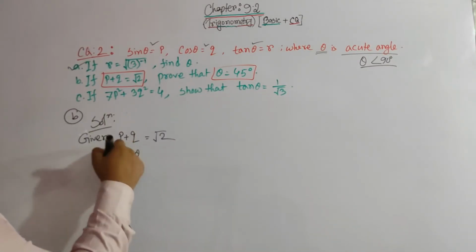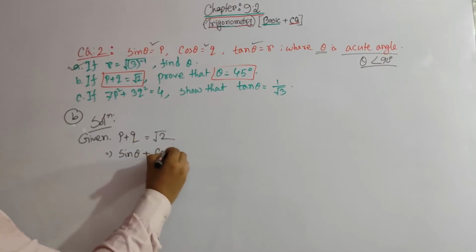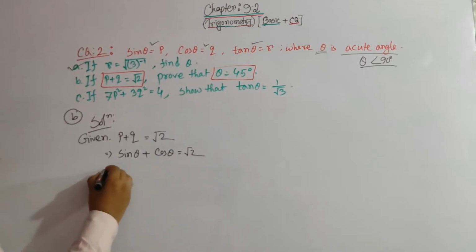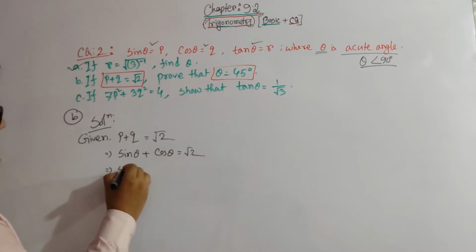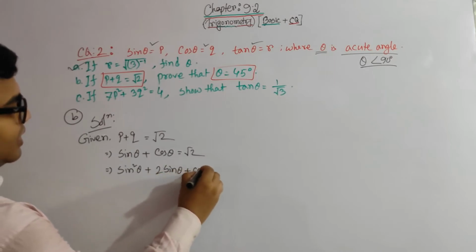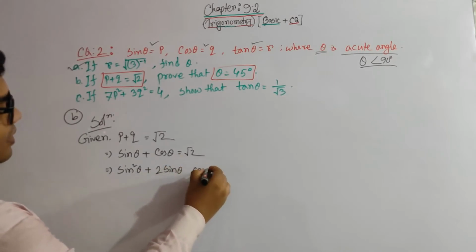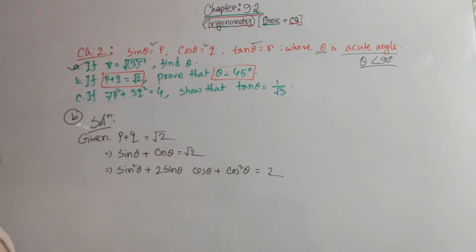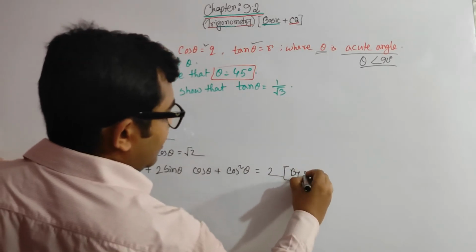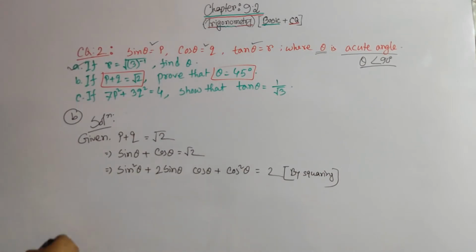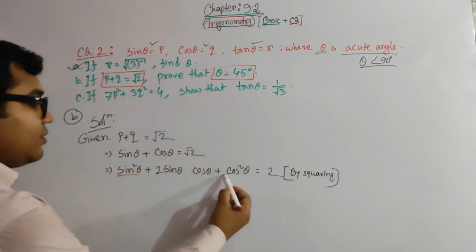So sin theta in place of P plus cos theta in place of Q equals root over 2. Then we go for the square part. Squaring both sides, we get sin square theta plus 2 sin theta cos theta plus cos square theta equals 2.